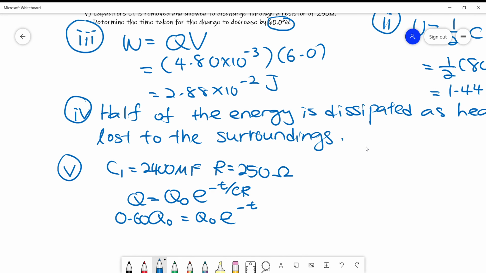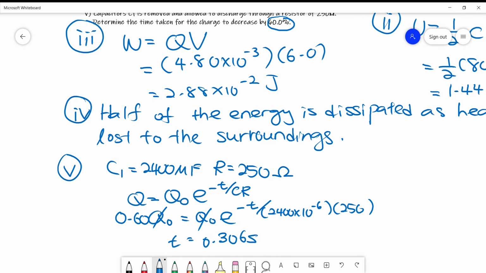So this is the T that we need to find, 2400 times 10 to the power negative 6, and this is 250. So my T will be 0.6, ln 0.6 times the negative of 2400 times 10 to the power negative 6 times 250. So the time taken is 0.306 seconds.